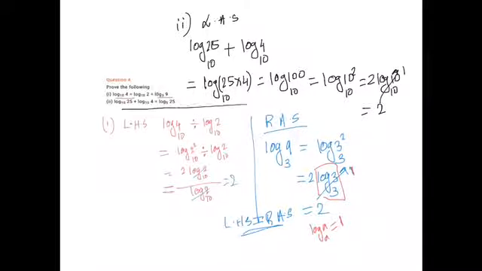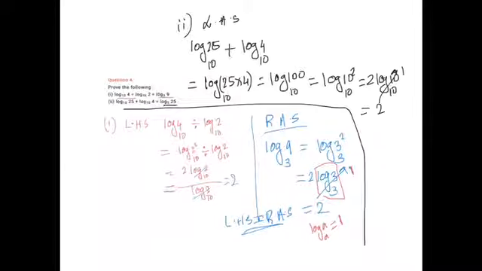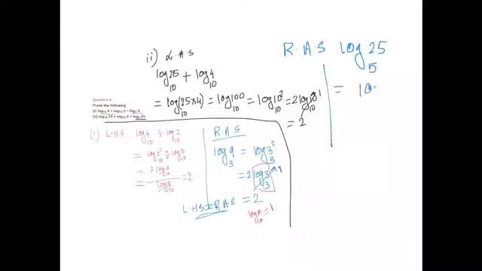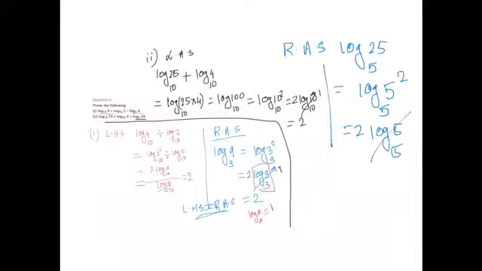So this is 2. Even without solving, we know this answer will be the same. Because my RHS is a one-liner: log 25 base 5, which is log 5 square base 5, which is 2 log 5 base 5. So this is 1, this is 2. So these two are the same again. So LHS is equal to RHS.